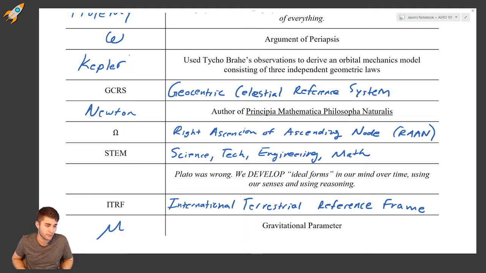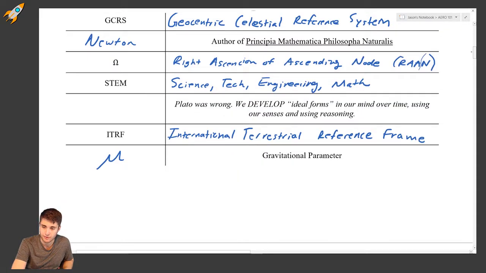Was the Tycho one Kepler? Yes, condition of man. You got it. The Tycho one was Kepler. Kepler was the one that used all of Tycho's observations to get to the 3 independent geometric laws. You absolutely got it. And then the other one down here, it was Aristotle.